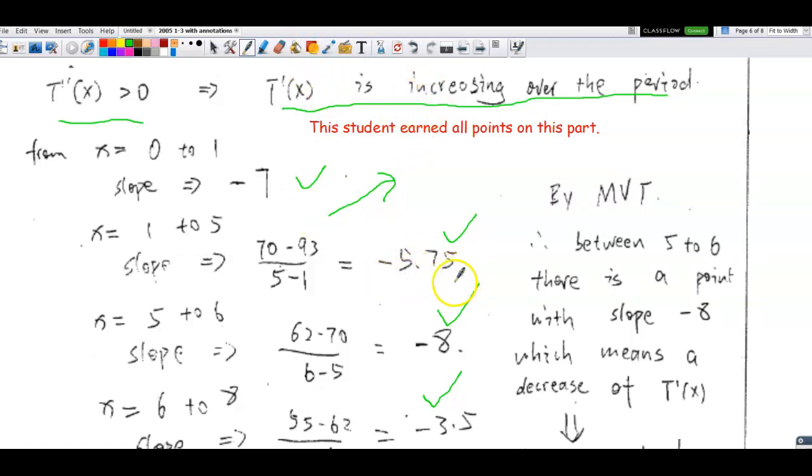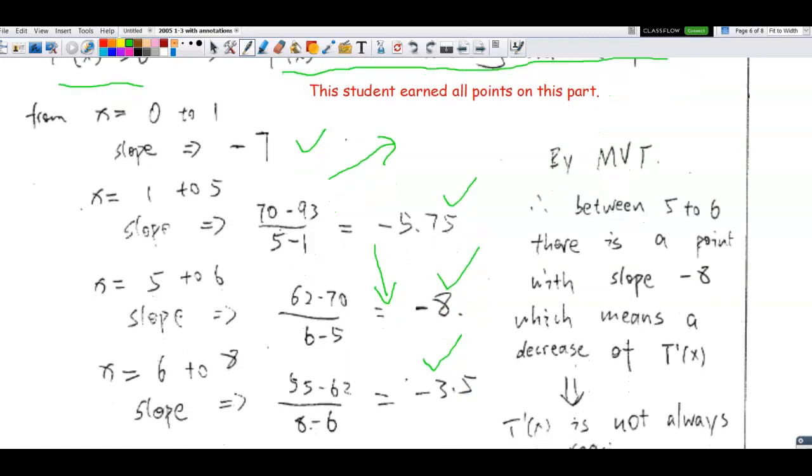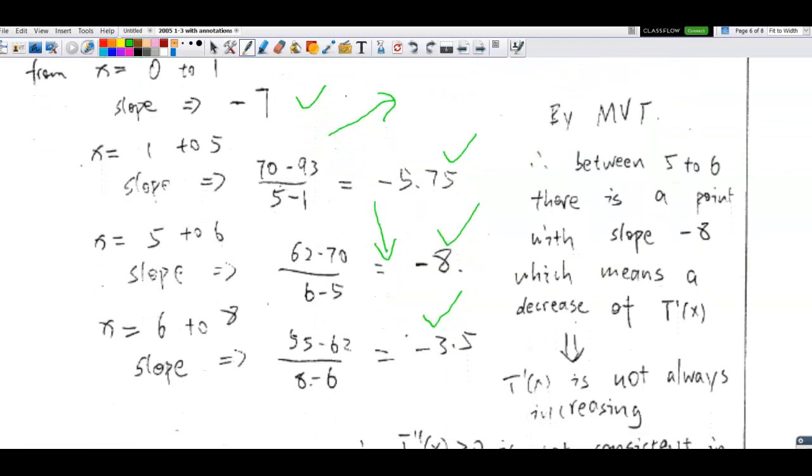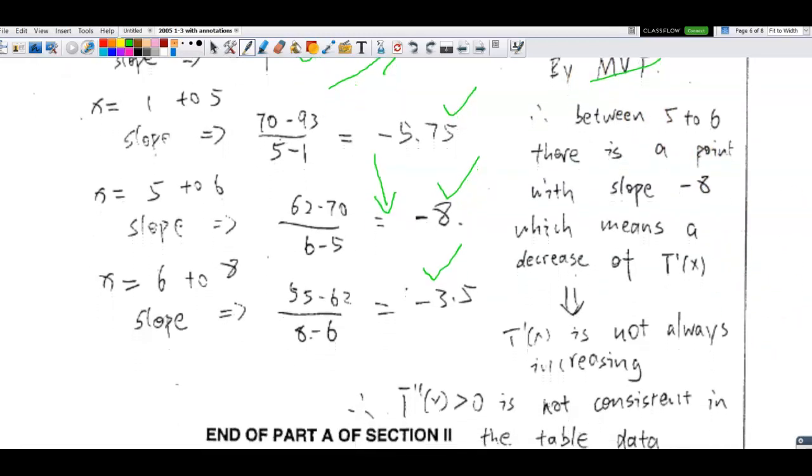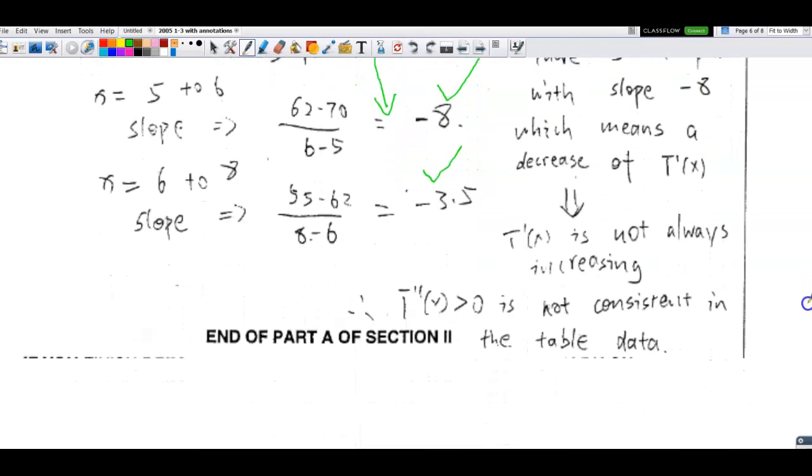But from negative 5.75 to negative 8, that means that t prime is decreasing, so the second derivative can't be positive, and you don't really have to worry anymore once you break the assertion. You do not have to use the words mean value theorem, although that's really what's in play here. And then they made their conclusion.